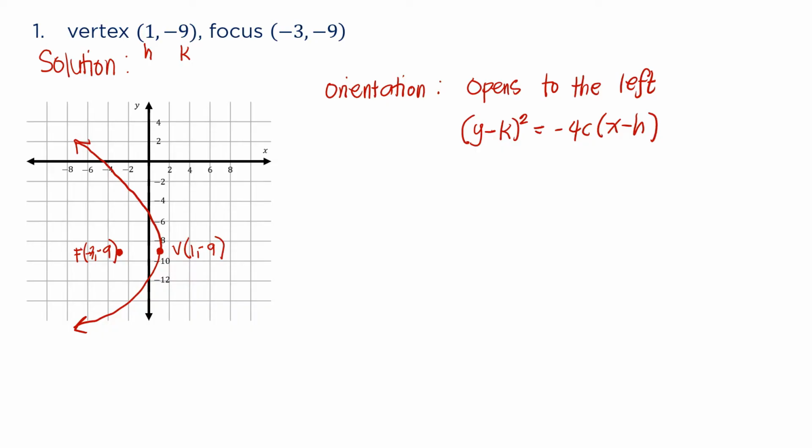To solve for the value of c, take note that c is the distance from the vertex to the focus. And since the two points are given, we can just take the distance.